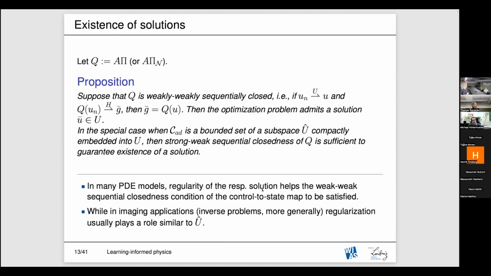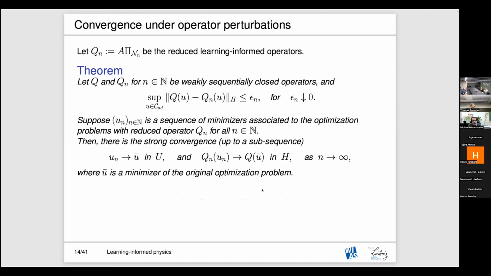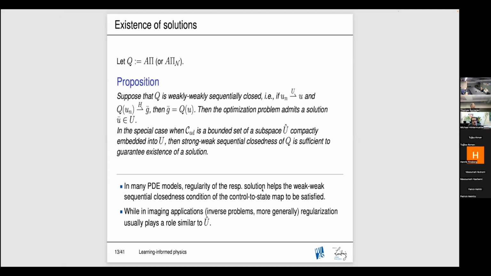Now, a first result, which I'll highlight here, is about existence of solutions. For the sake of simplification, let me call Q this superposition of A after pi. If I just go back one slide, oops, wrong direction.